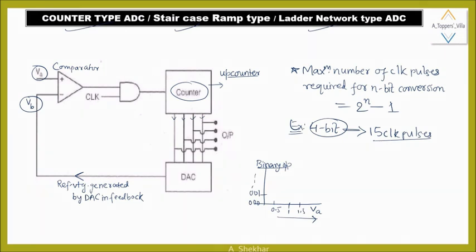So whenever you plot this analog value versus digital output, you will get a plot something like this. So this is representing a ladder network or staircase ramp type. So it is called a counter type ADC. Such type of output will represent that the resolution of this counter type ADC is somewhat coarser, means the step size between different conversion sequences is more than that of more accurate types of ADCs.